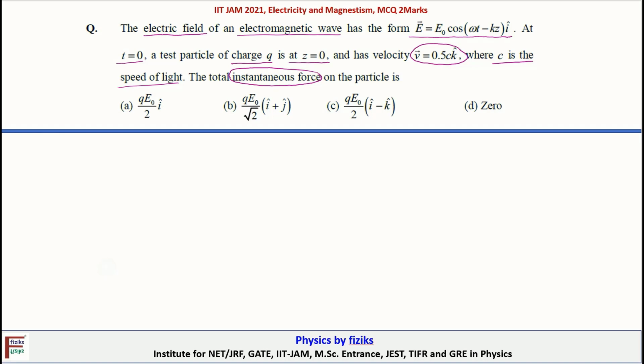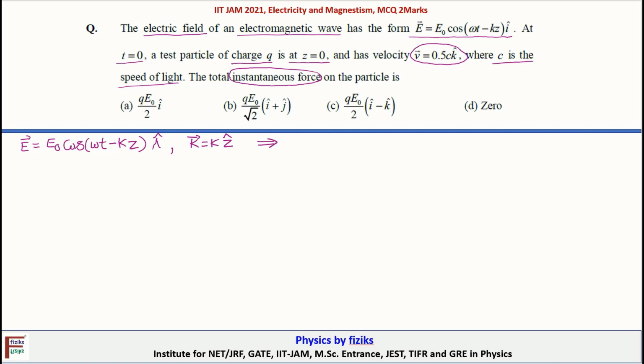So from the given expression, you can see E is given as E naught cos omega t minus kz I cap. So it is polarized in I cap. The propagation vector k is given as k z cap, so the wave is propagating in the positive z direction.